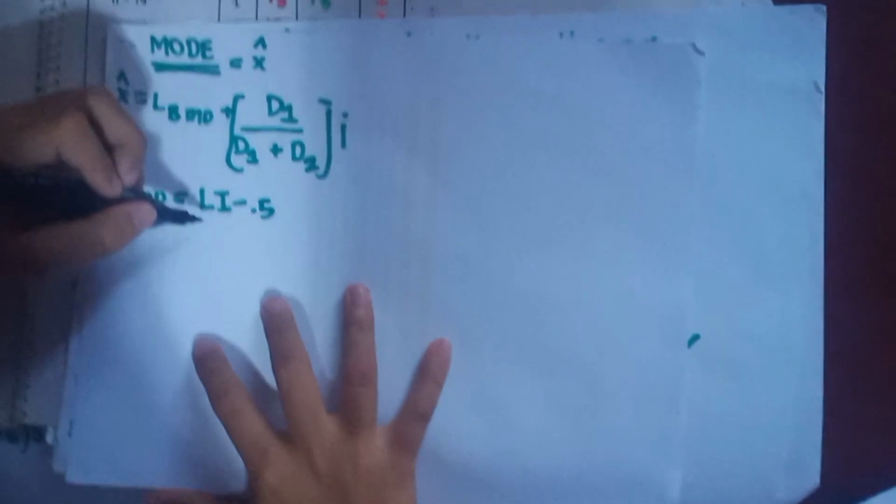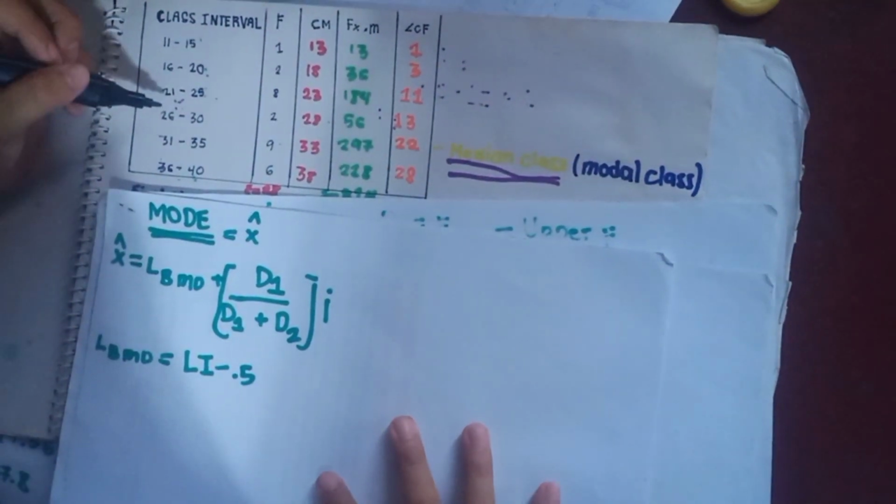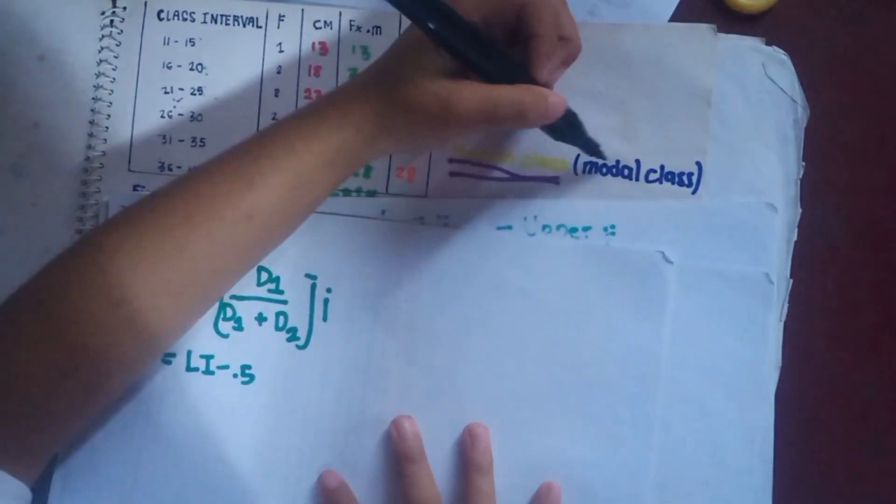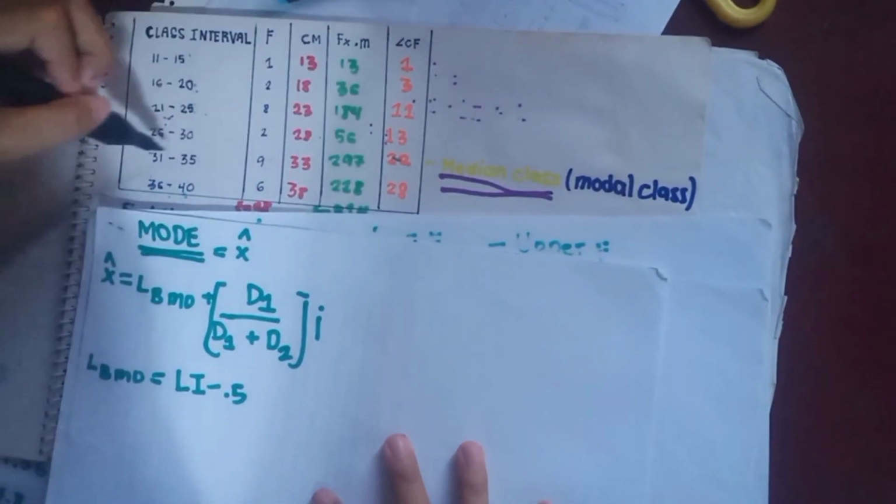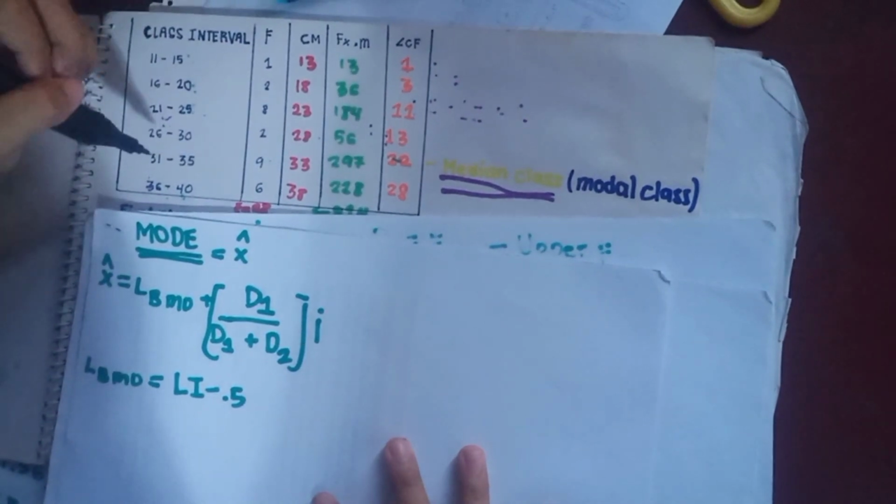Lower interval minus 0.5. So, like I said earlier, we will be using the same table that we used in our previous video tutorial to solve the mode.